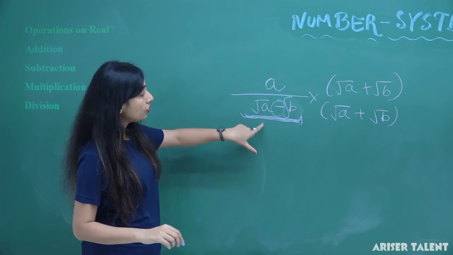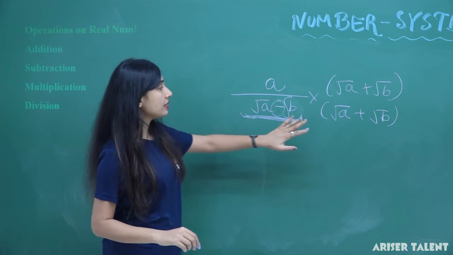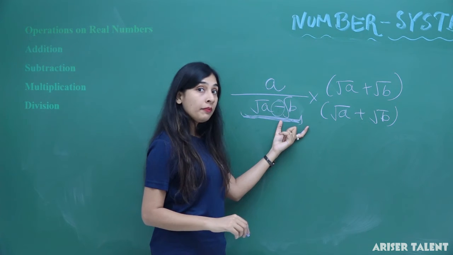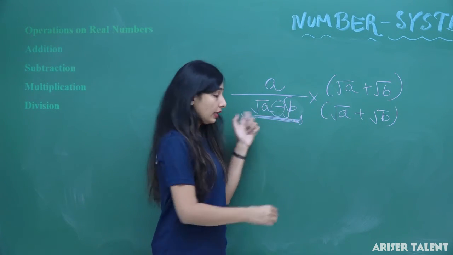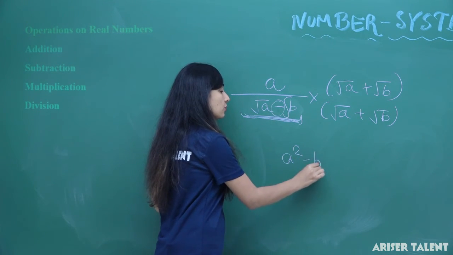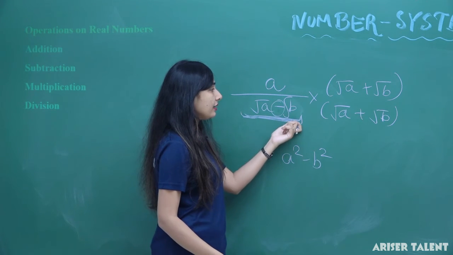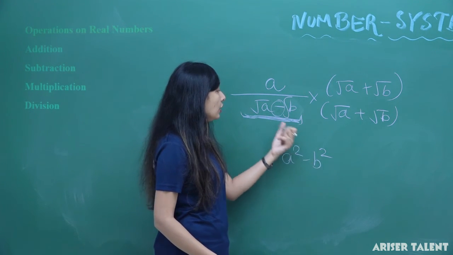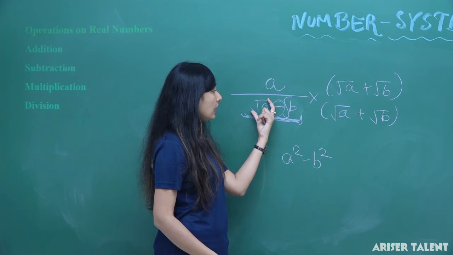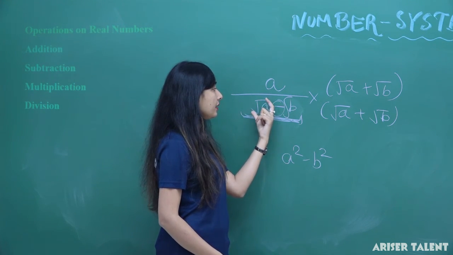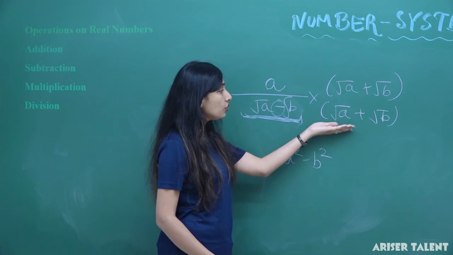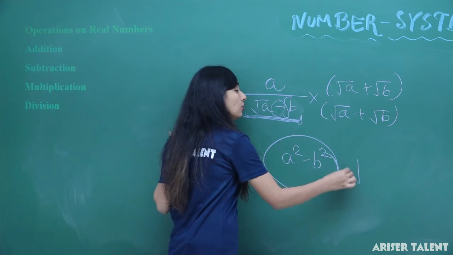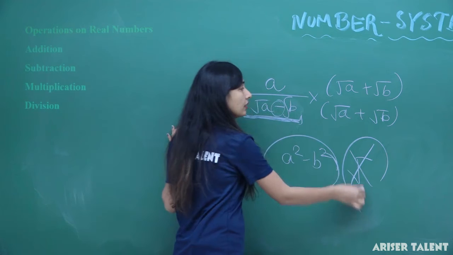By doing this step, what will I have? I will have a square minus b square in the denominator, because this is root a minus root b and root a plus root b. So I am getting the root eliminated. Basically the idea is that I will have no roots in the denominator.